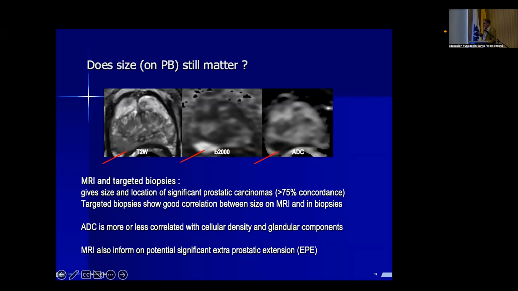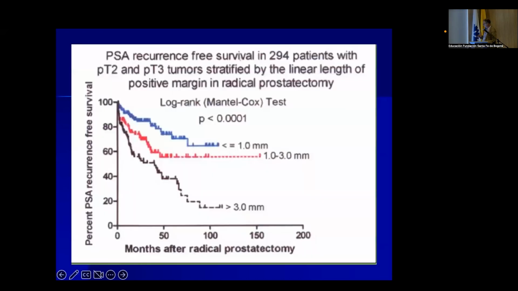So also, MRI gives quite good information about the extraprostatic extension. And this is another point. We all know that the presence of extraprostatic extension is linked to the prognosis of prostatic cancer. So we can see here clearly no extraprostatic extension, a small one, and a large one, superior to 3 millimeters.